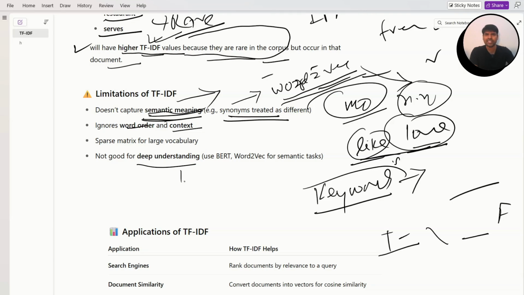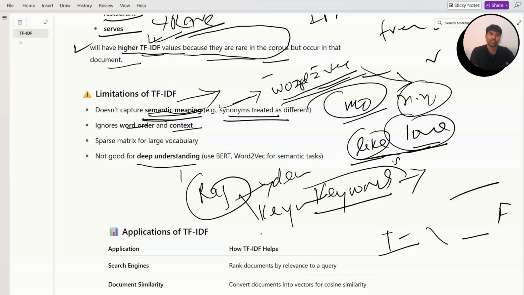Generally, in a RAG application, if you want to perform dense search, we don't use this kind of model. But it is very good for keyword based search. Suppose you have some keyword and you are not worried about semantic search, you're only worried about the keyword search.